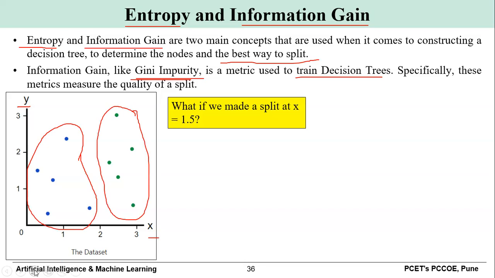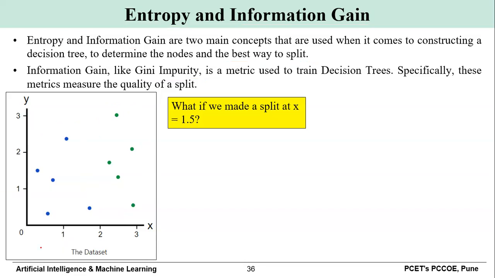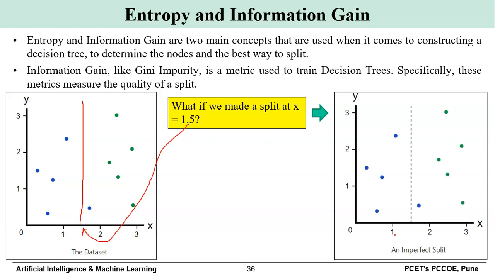Now what will happen if we draw a vertical line, or if we split the data set when x is equal to 0.5, right? Initially there are 10 data points, 5 blue and 5 green. Now we decided to draw a vertical line to split the data.